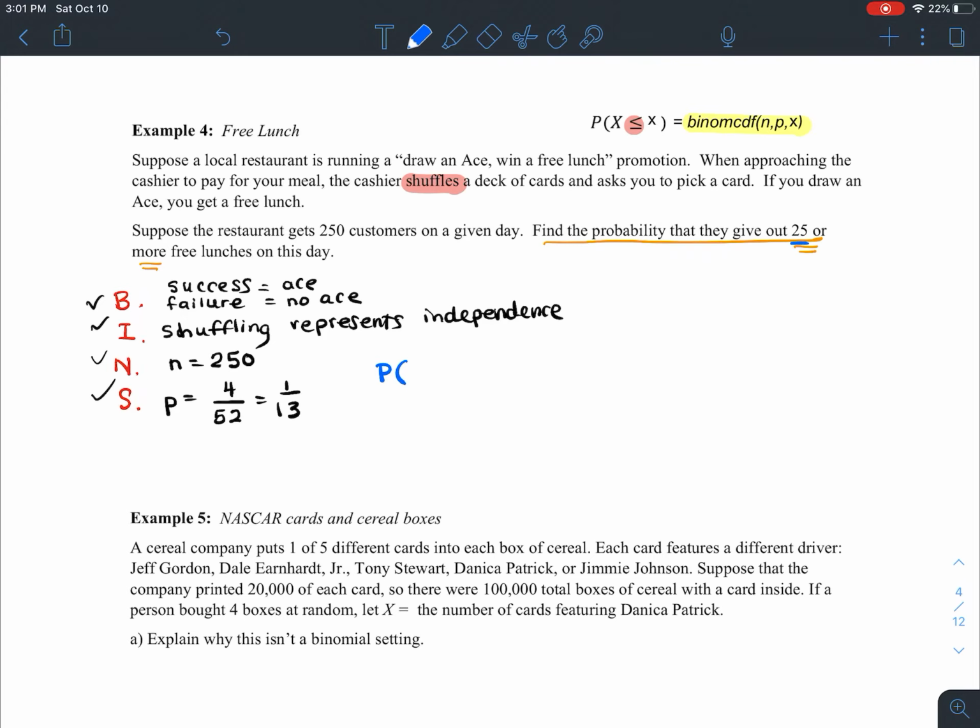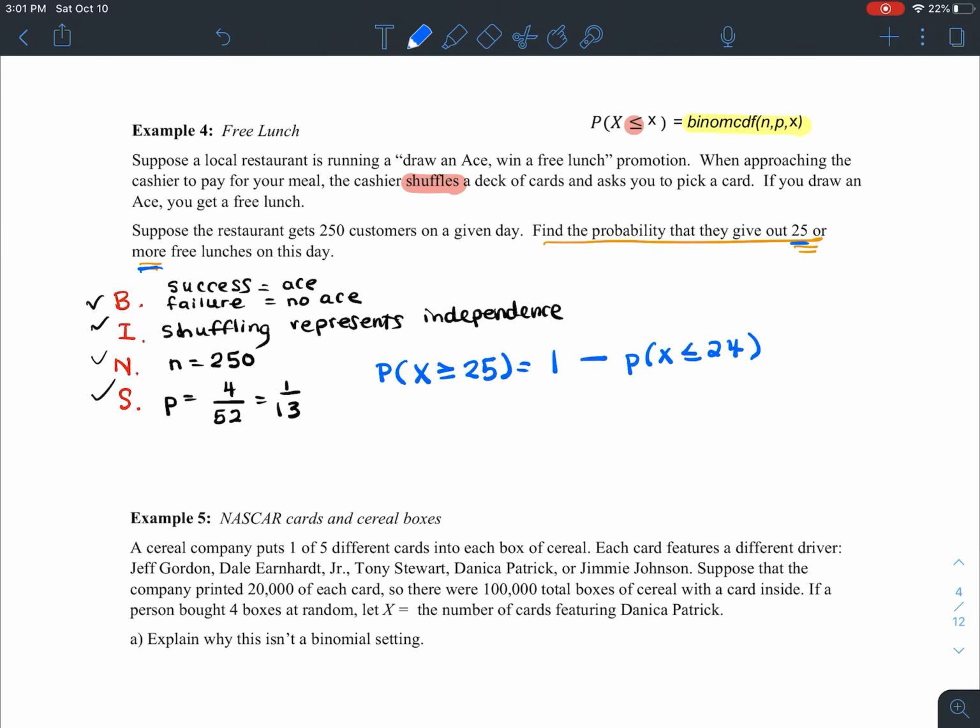We're looking for the probability they give out 25 or more. So I'm going to put x is greater than or equal to 25. Please again keep in mind the CDF feature only works as a less than or equal to. So if your problem is a greater than or equal to, you're going to have to use the concept of complements: if we want to count 25 or more, then what we're not wanting to count is 24 or less.